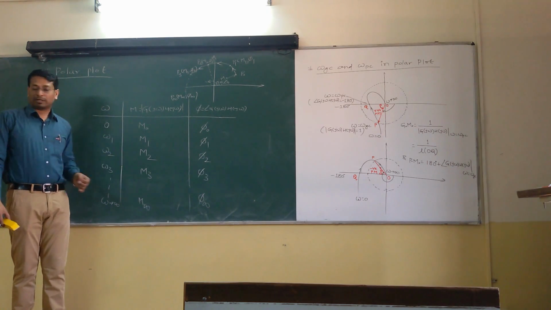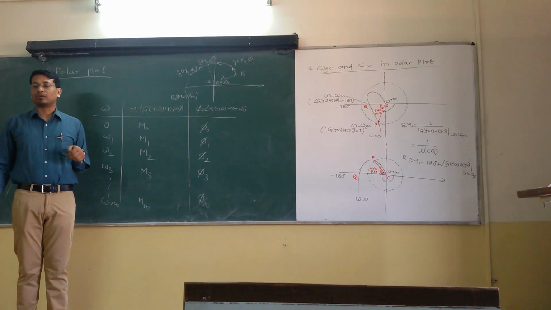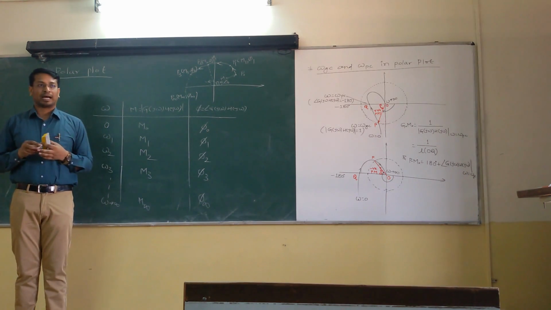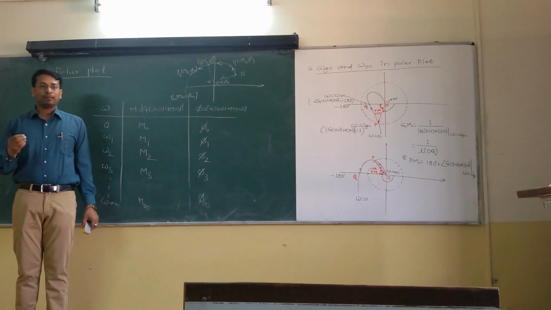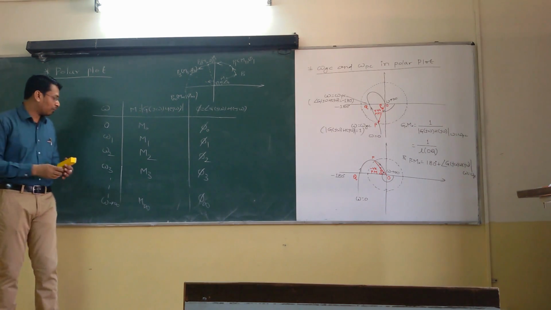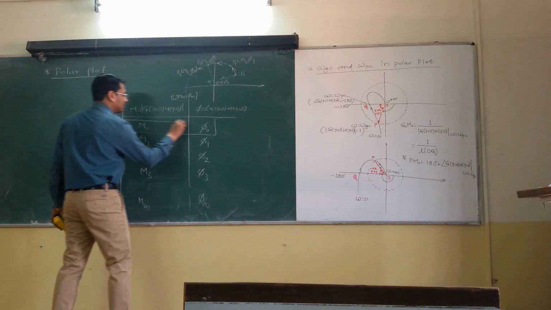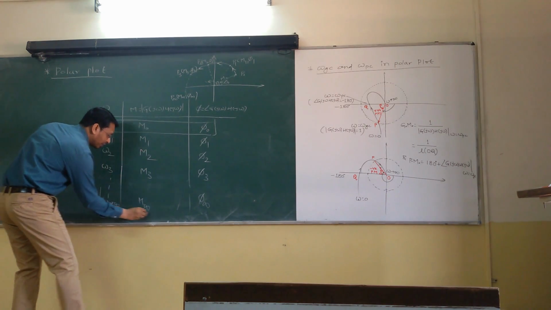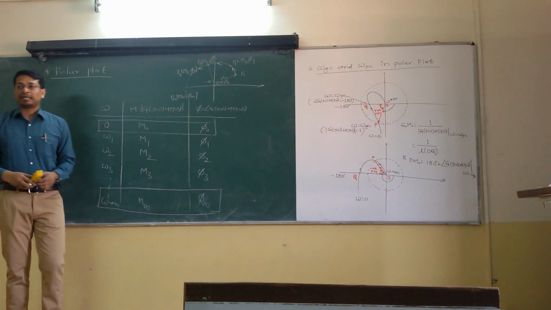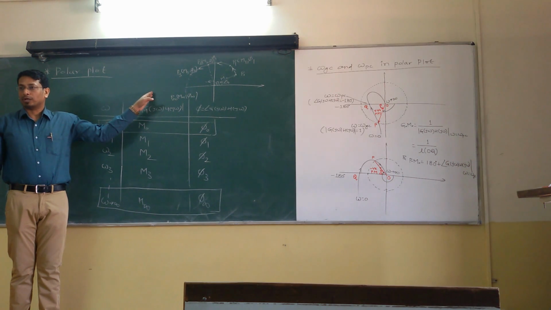But the problem with this is how many points are required to plot a smooth polar plot. I am going to take just 2 points in most of the cases. The point is this one, and the second point is this one. These 2 points are sufficient to tell you about the nature of your polar plot.